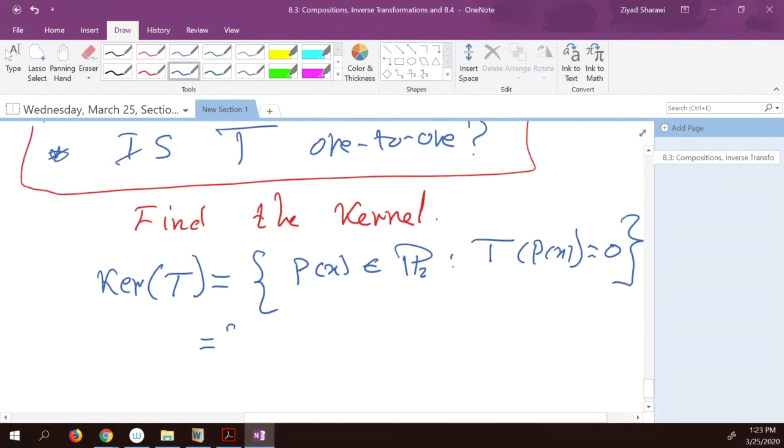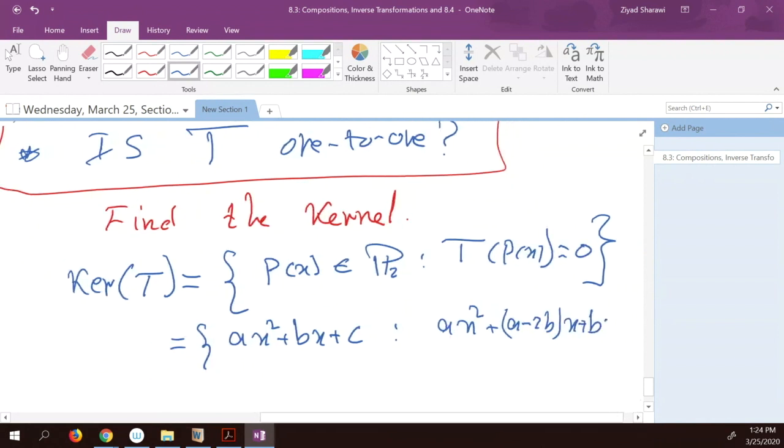That is going to be all polynomials ax squared plus bx plus c such that when you substitute, you get ax squared plus (a minus 2b)x plus b equals 0.